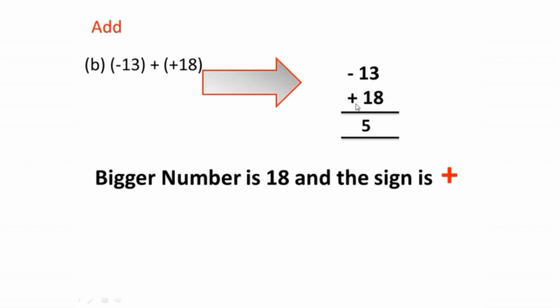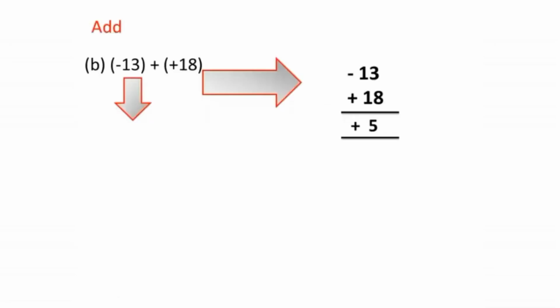The bigger number, 18, has a plus sign, and the result carries the same sign, that is plus 5. You can see here, it is plus 5. Usually we don't write plus. By default, all the integers have a plus sign, but we don't write it. Please understand.